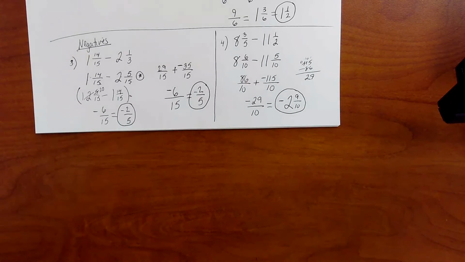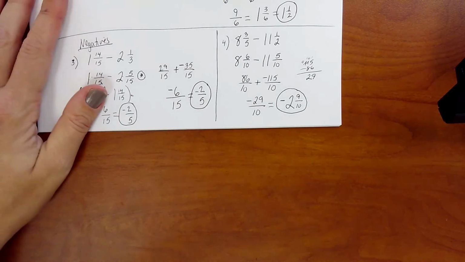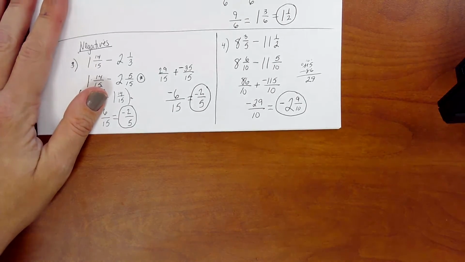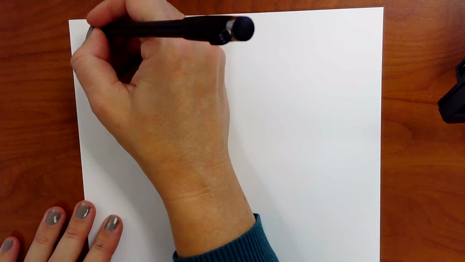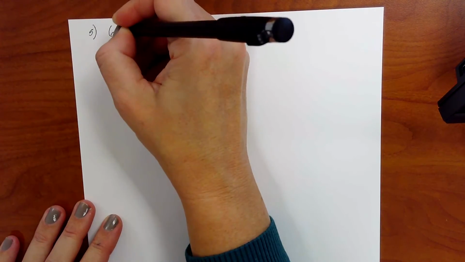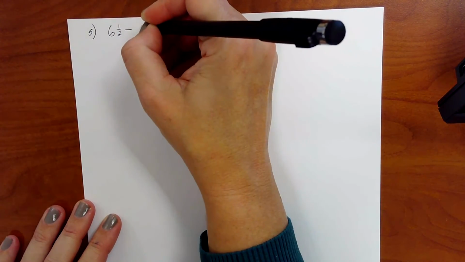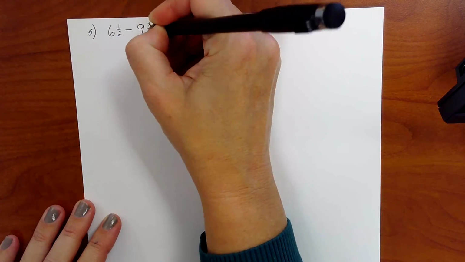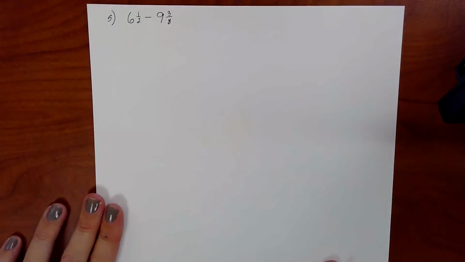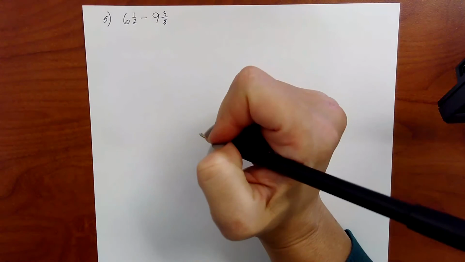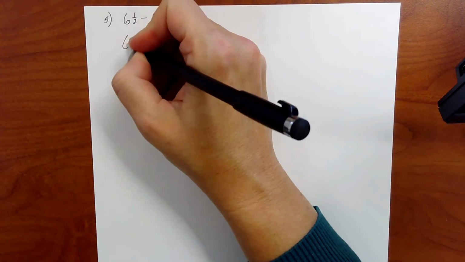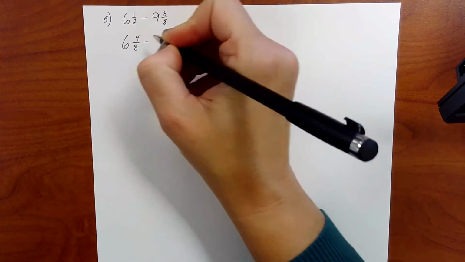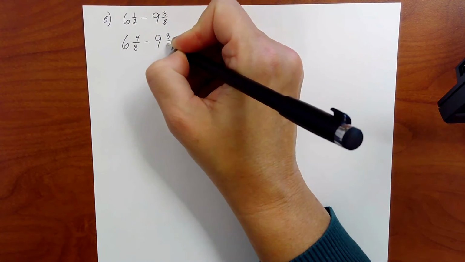All right. Try one more. Let's see here. Number 5. 6.5 minus 9 3/8. Go ahead and pause it and see how you do. Did you pause it? Okay, so this is 6 4/8 minus 9 3/8.